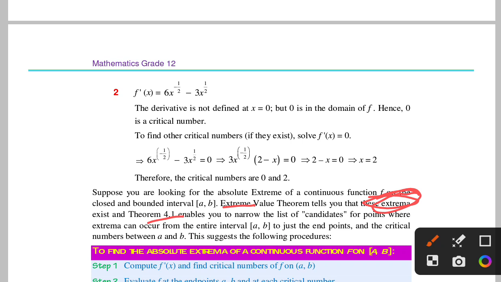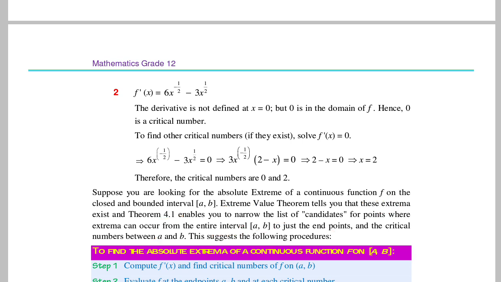Theorem 1.2 enables us to narrow the list of candidates for points of extreme, which can occur in the entire interval, just at the critical numbers between a and c. This suggests following this procedure.